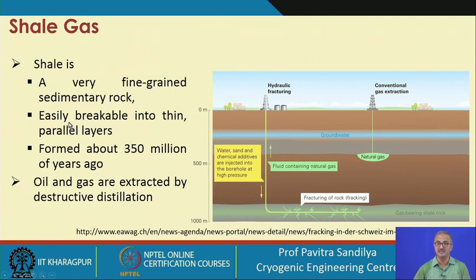So, they are easily breakable into thin and parallel layers, and these rocks are formed by the compression of various materials over a long period of time, like say a few hundred million years. And the oil or gas is extracted from this particular type of reservoir by some destructive distillation.